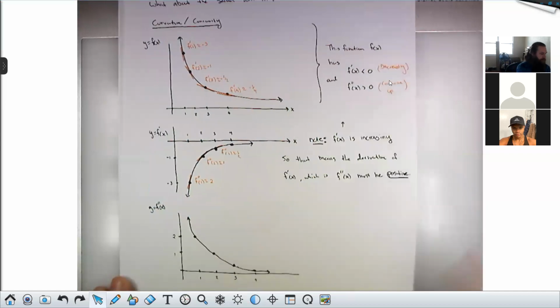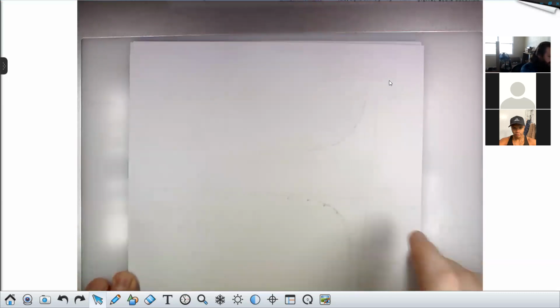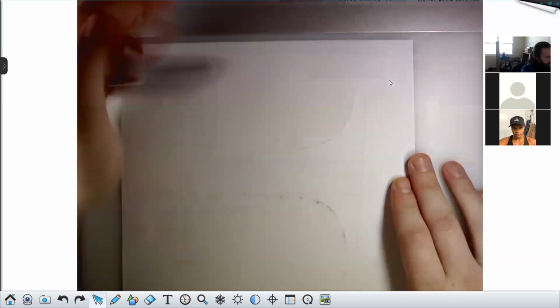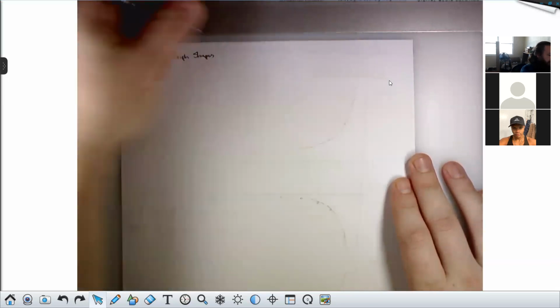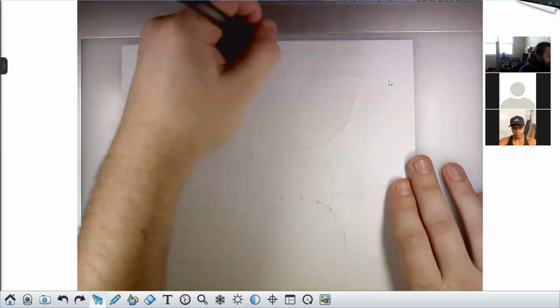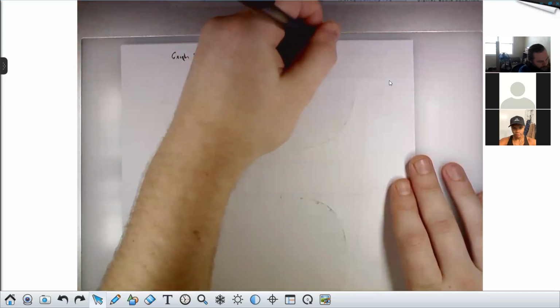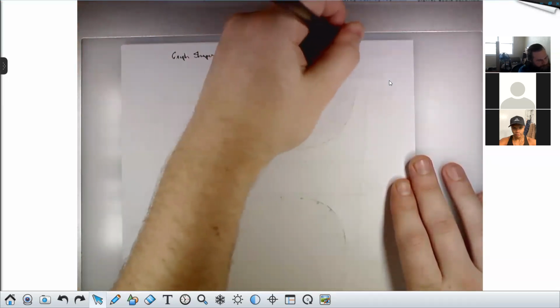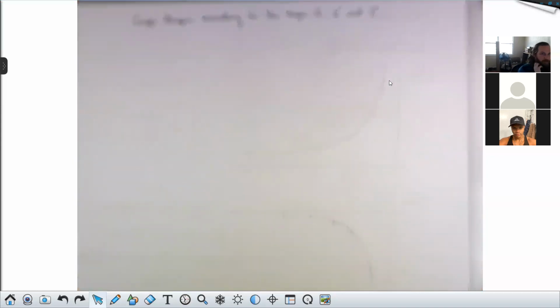All right, here comes the good stuff. We have to take all the possible permutations of signs for the first and second derivative. Graph shapes according to the signs of f prime and f double prime.